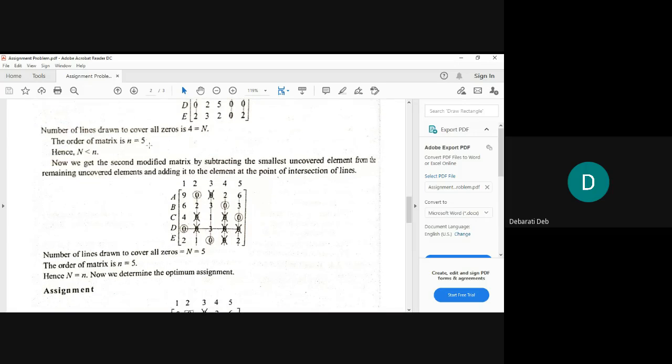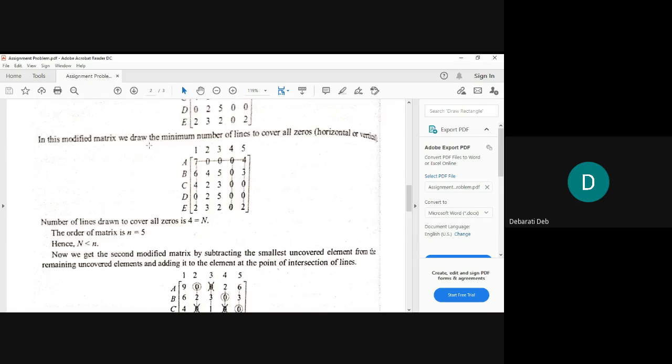Then in the fourth step, we did the drawing of the horizontal and the vertical lines. So what I mentioned yesterday, that you have to draw the lines in such a way that it touches all the zeros present in that modified matrix, but you have to touch all the zeros in such a way that the number of horizontal or vertical lines is the minimum possible.